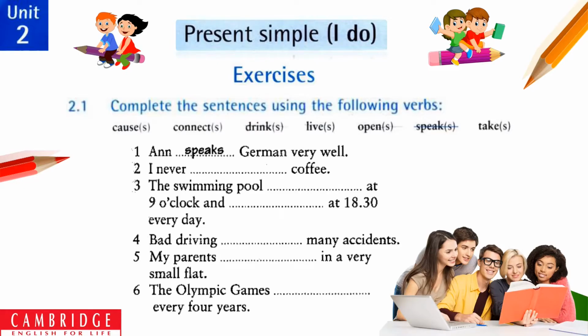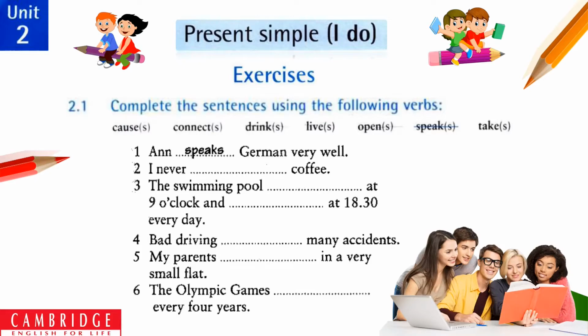The first one: complete the sentences using the following verbs. The verbs are given there. You can make use of these verbs, and you need to read the sentences and think where these verbs can be appropriate. You should write the appropriate verb in the appropriate place. For example, dash German very well.